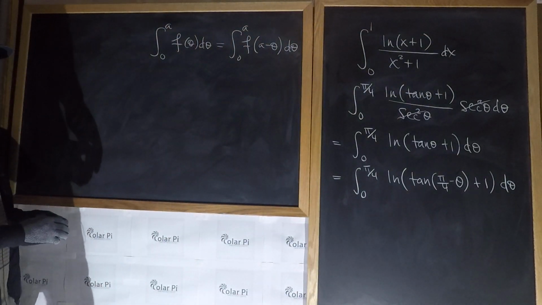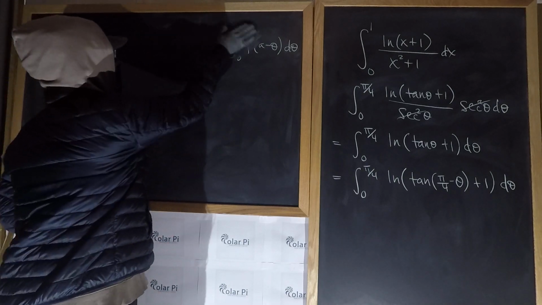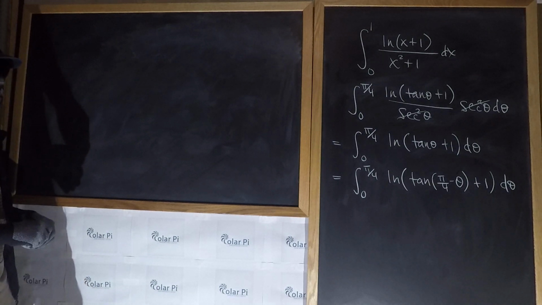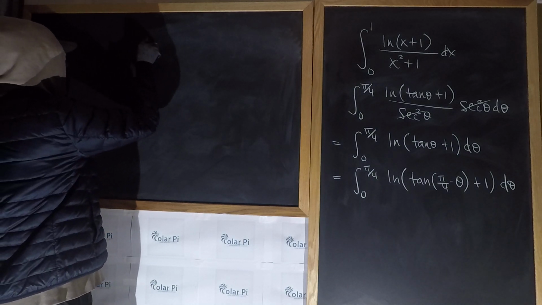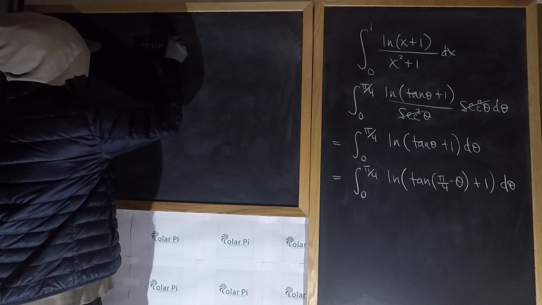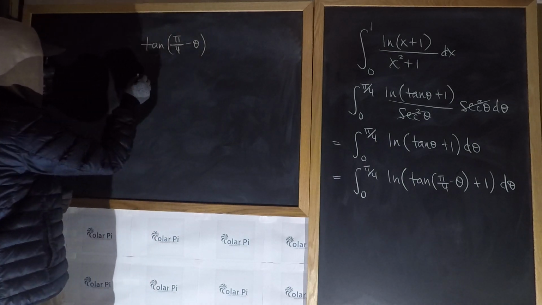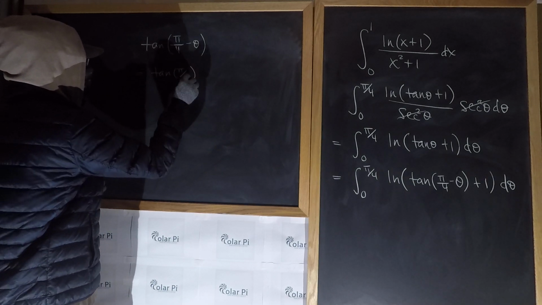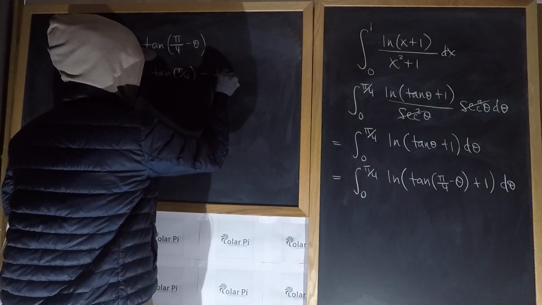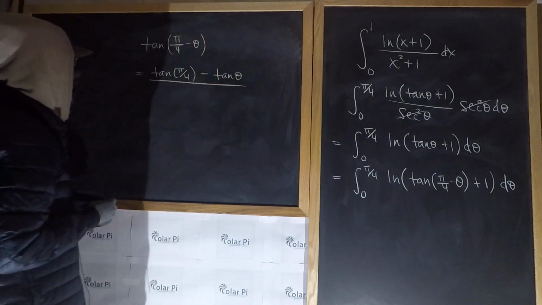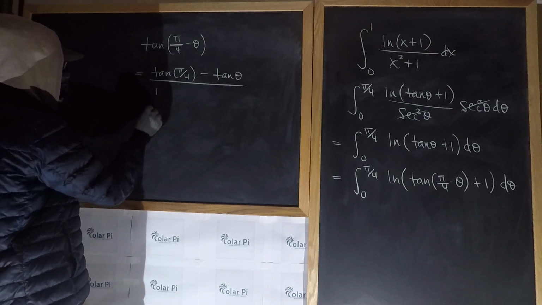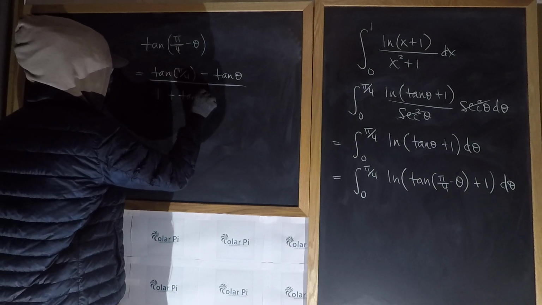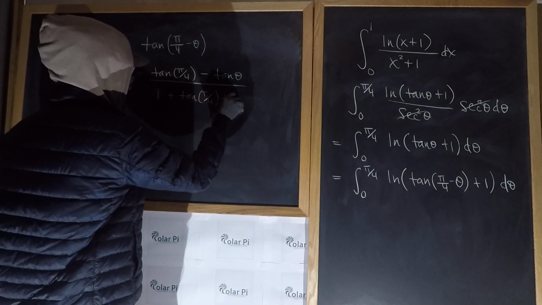All right, now we need to use the tangent angle difference formula. And I have videos on that, so feel free to check them out. But yeah, tan of pi over 4 minus theta is equal to tan pi over 4 minus tan theta divided by 1 plus tan pi over 4 tan theta, right?